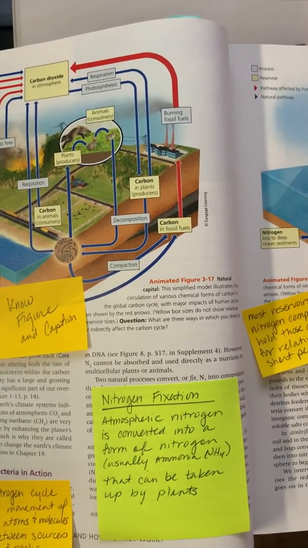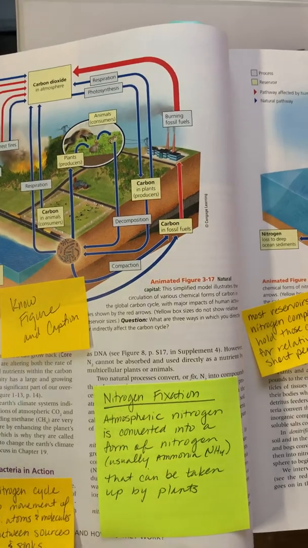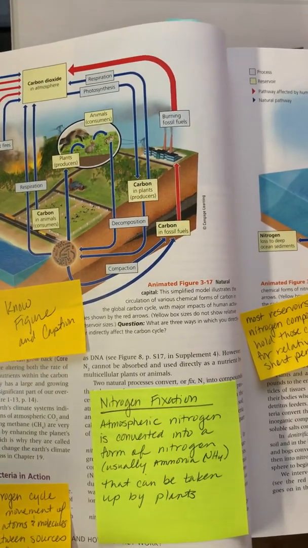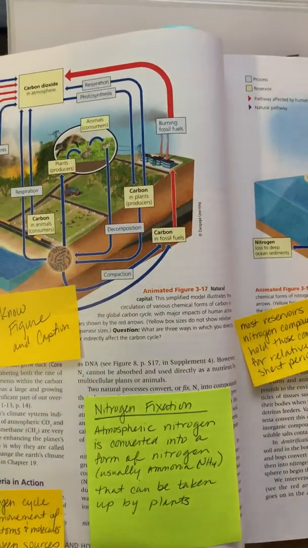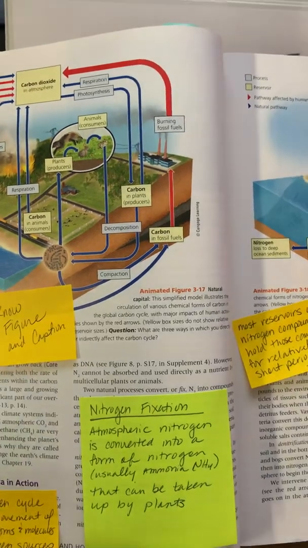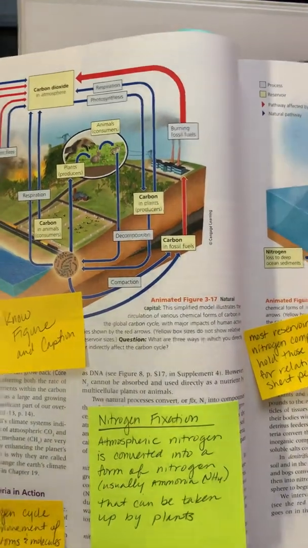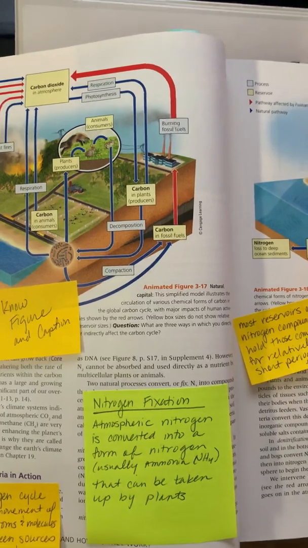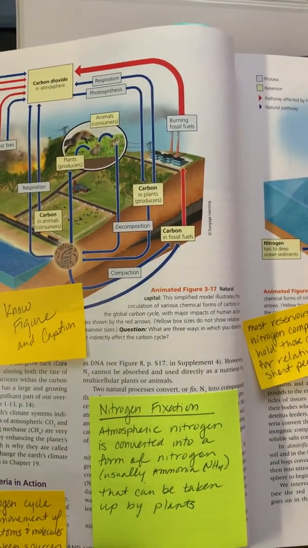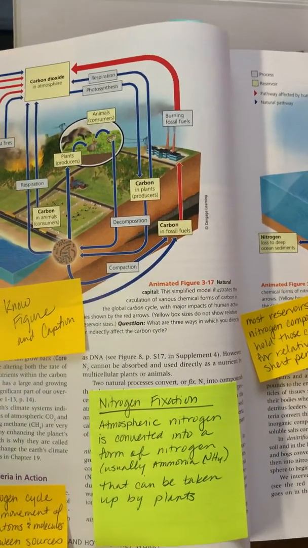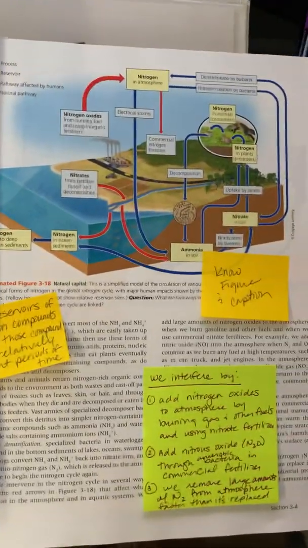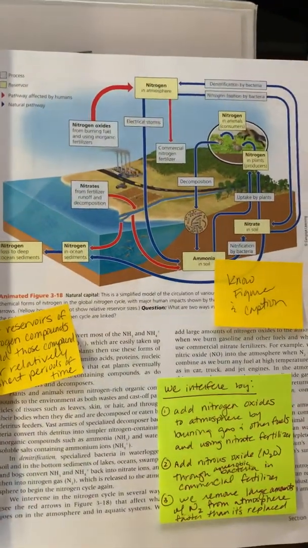And that is where certain types of microorganisms are able to take that nitrogen from the atmosphere and convert it into a form of nitrogen that plants and animals can use, which is primarily ammonia, which is NH4. And then it goes through other processes that are talked about here in this diagram.